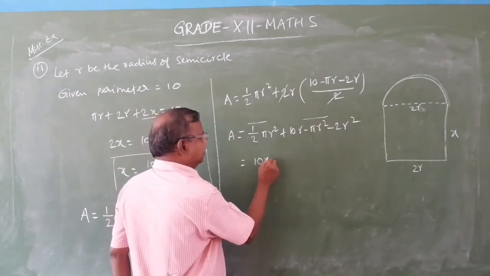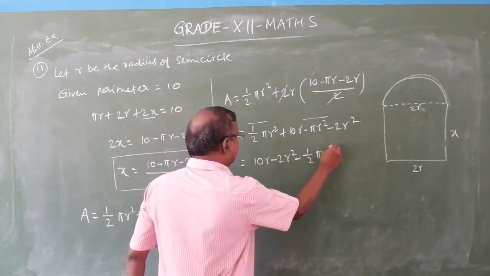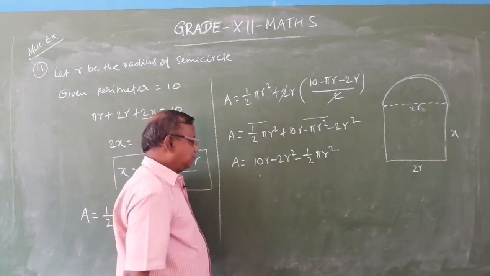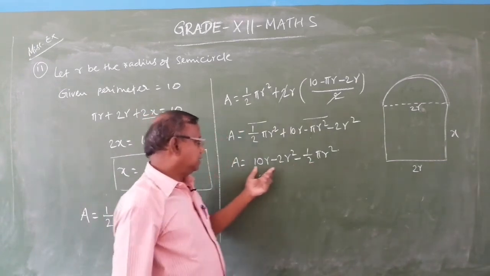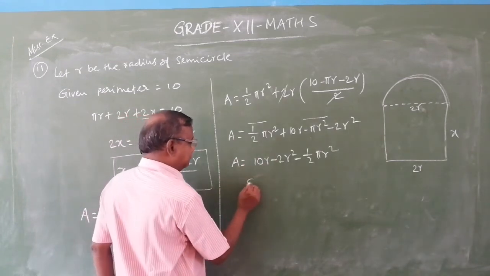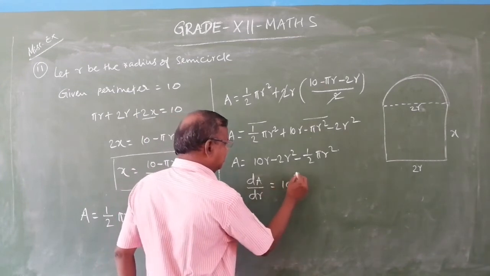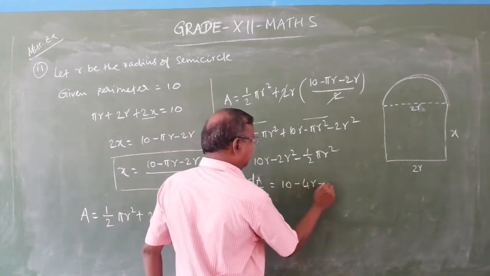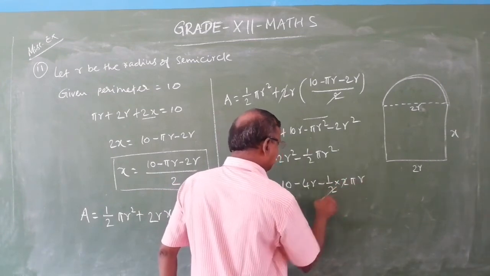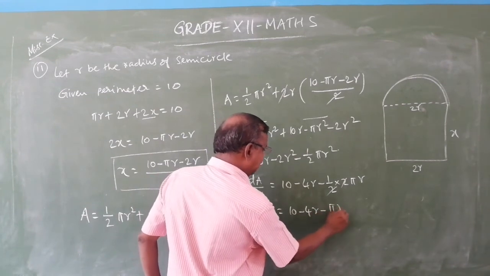So A equals 10r minus 2r square minus half pi r square. Now differentiating A with respect to r, because A is a function of r, we have dA by dr equals 10 minus 4r minus half into 2 pi r, that is 10 minus 4r minus pi r.